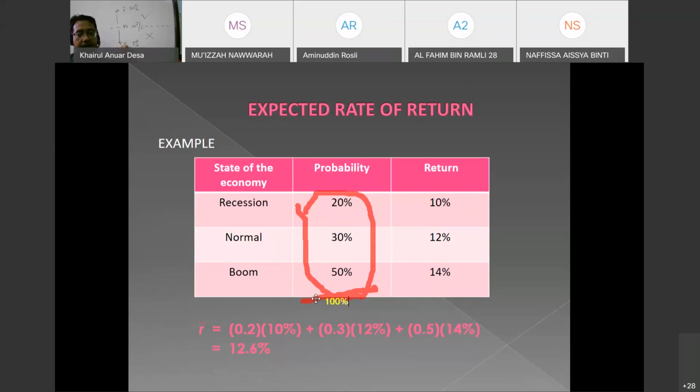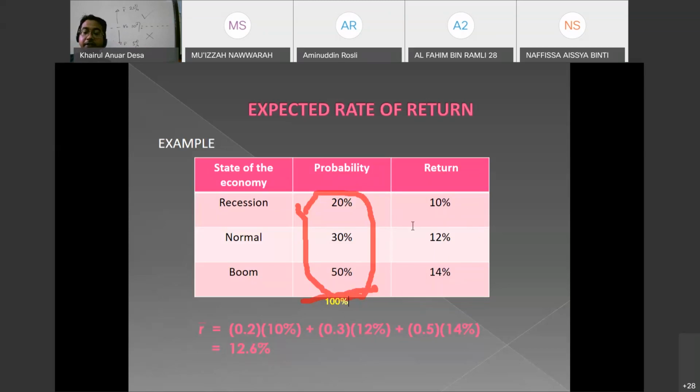Setengah soalan dia menggunakan peratusan dan setengah soalan yang lain dia menggunakan angka perpuluhan. But one thing you must know is jumlah total kebarangkalian di sini mesti 100%, ataupun kalau dia guna decimal point, dia akan jadi 1.0.